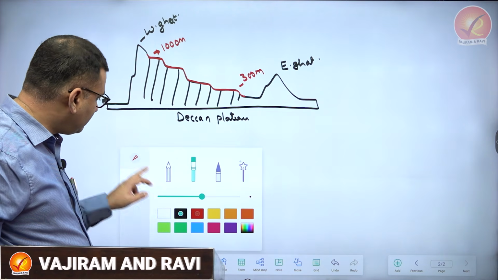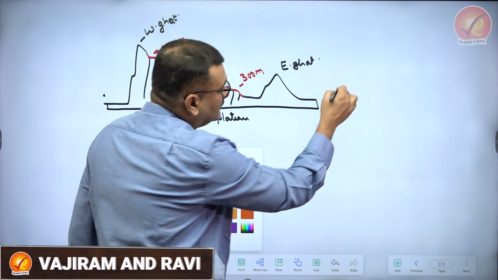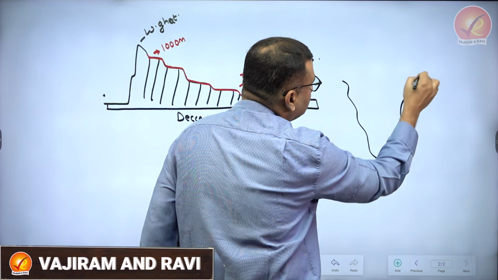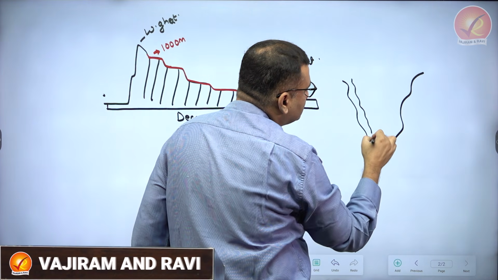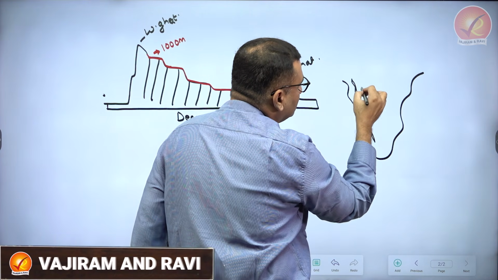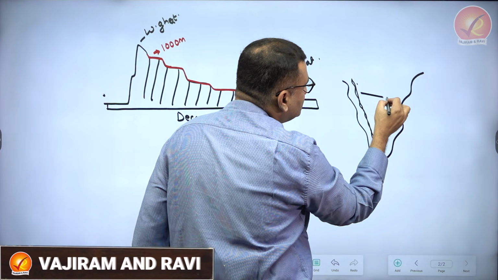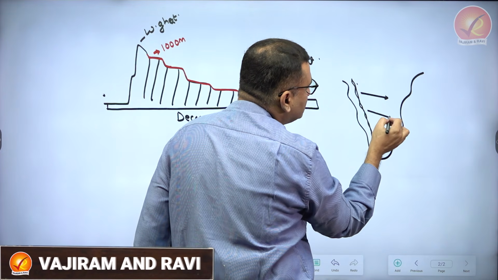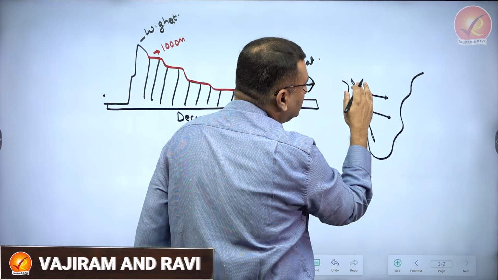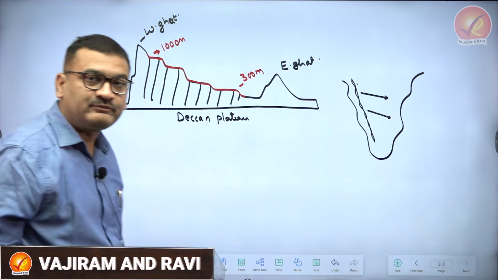So, if we look at this on a map, how is it? This is the region of the peninsula and this is the Western Ghat. From west to east, the height of the Deccan Plateau goes on decreasing, right?